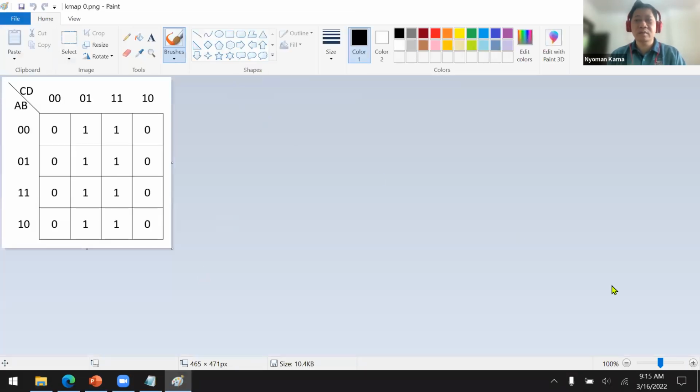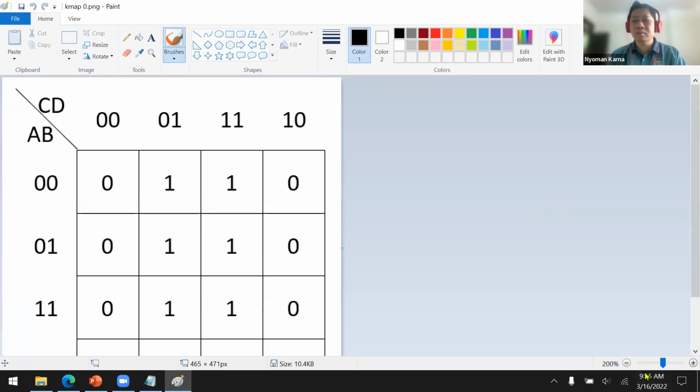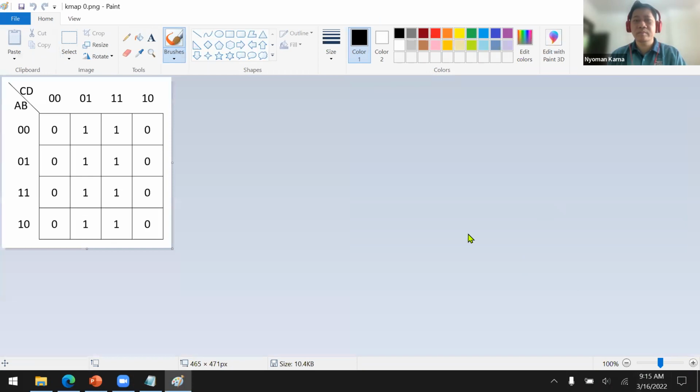Okay, it's too big. We have AB 0, 0, and it will be 0, 1, and 1, 1, or 1, 0.